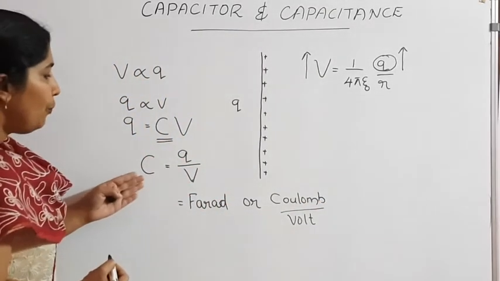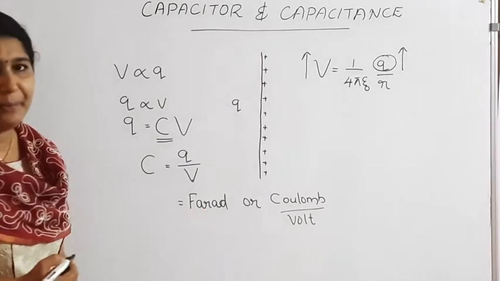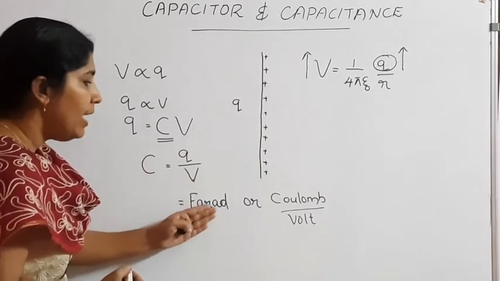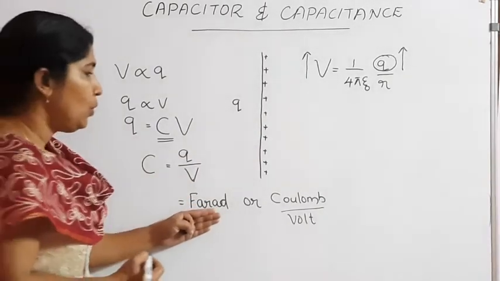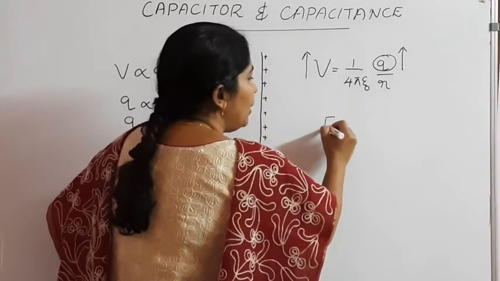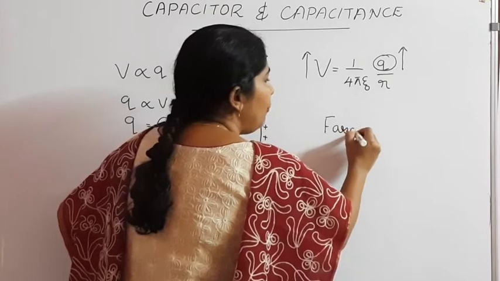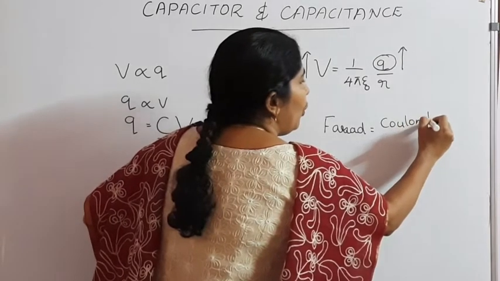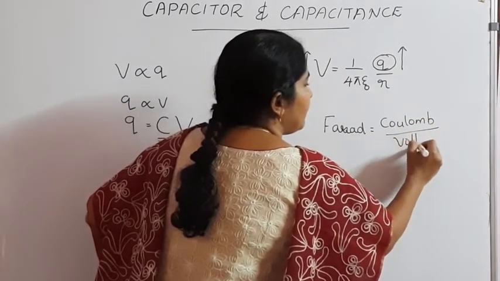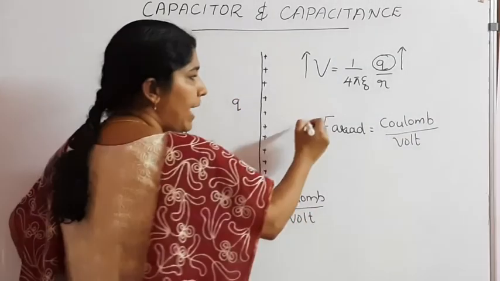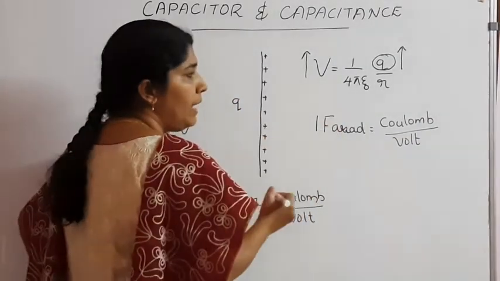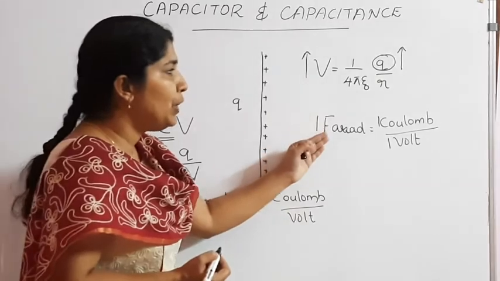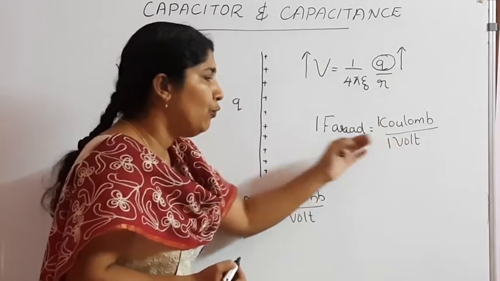Now we want to define what is 1 farad. Capacitance C is equal to Q by V and its unit is farad. Farad is equal to coulomb divided by volt. To define farad, we take 1 farad is equal to 1 coulomb divided by 1 volt.